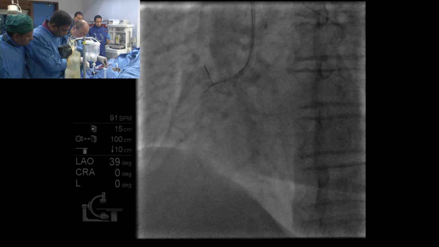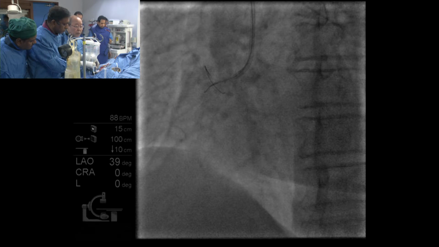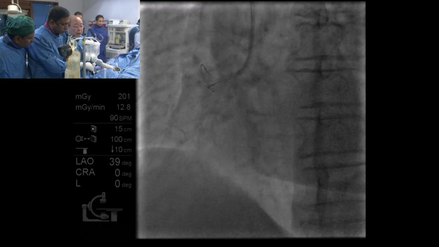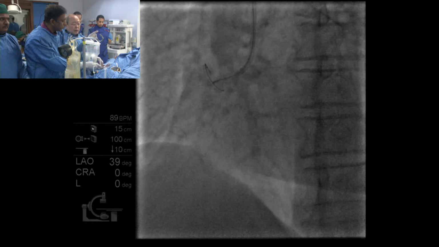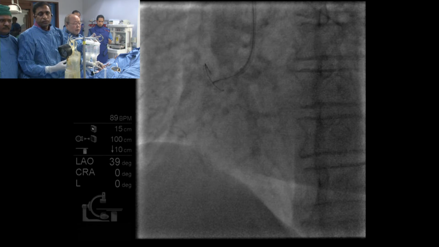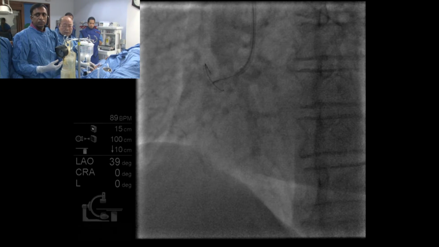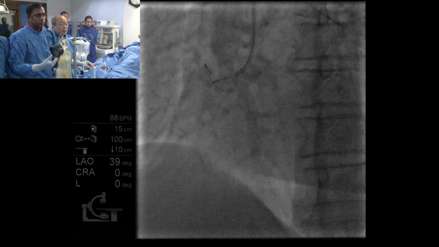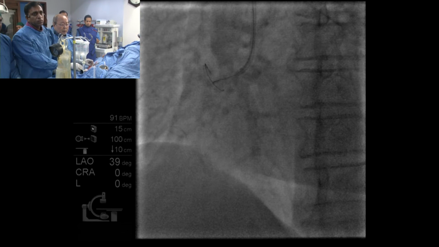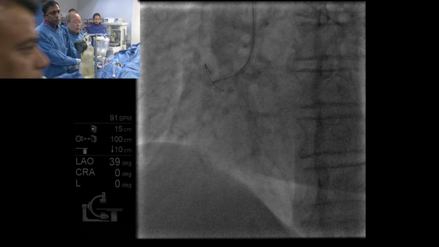You could try the wire toward about 7 o'clock instead of 8 or 9. I think you can make it closer, no? It's too far. The screen is too far.